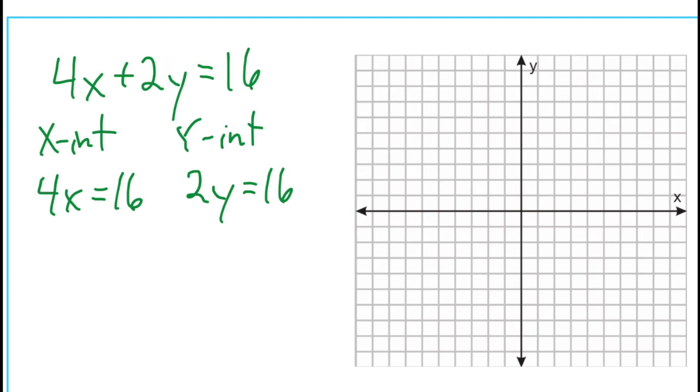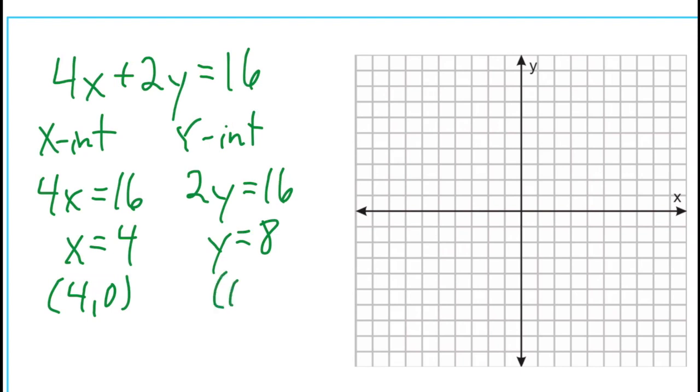All right, let's solve these. 4x equals 16, divide by 4, and we get x equals 4. And that would mean that officially my point is 4, 0. And if we divide by 2 on the other one, we get y equals 8.